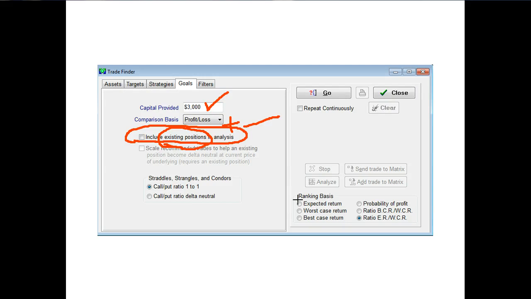Look, if there is no positive expected return, it has to be greater than 0 for it to appear in Trade Finder. If it's not above 0, it won't even show up. It'll say no results.